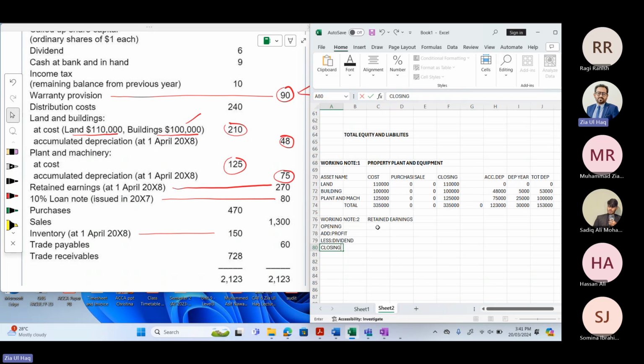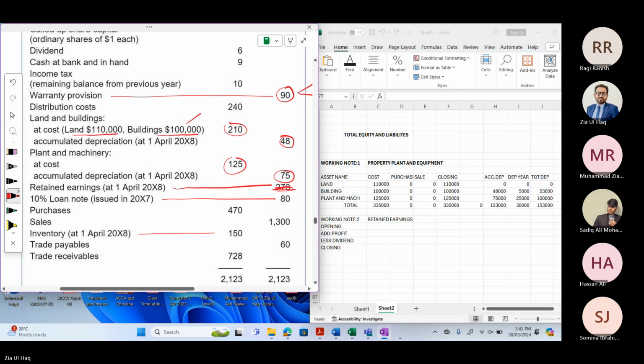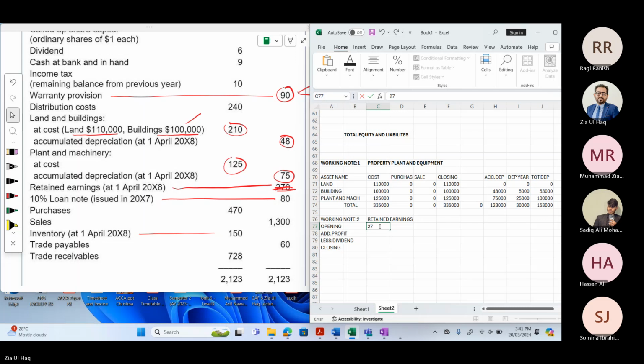What is the opening retained earnings? That is 270,000. What is the profit? We haven't calculated it yet, so put a 0 here for the time being. What is the dividend paid? The dividend paid is 6,000. And we need to calculate the closing figure. How can we calculate the closing figure?